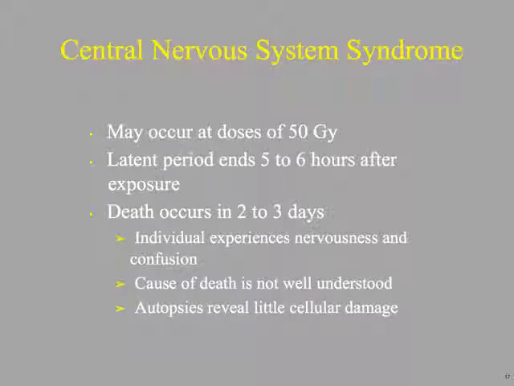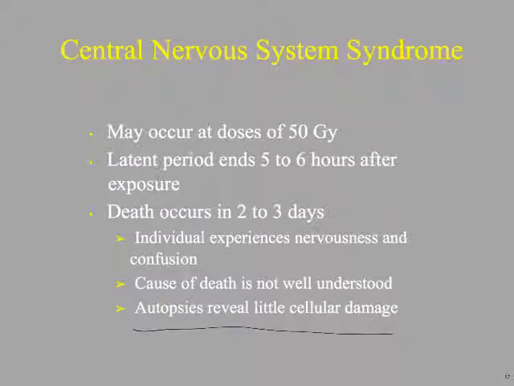They don't even enter into the hematopoietic or the GI syndrome because there's been enough destruction of just very mature nerve cells to where the body just shuts down. The brain is no longer telling the heart to beat or the lungs to breathe. And if you look right here, autopsies reveal little cellular damage.